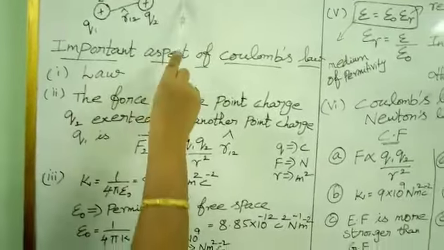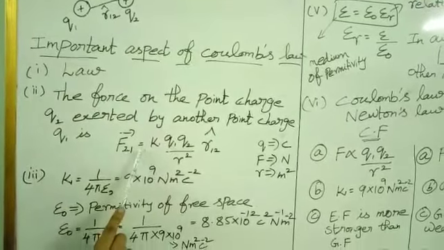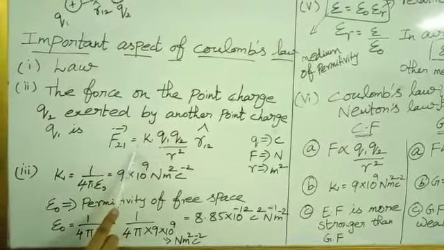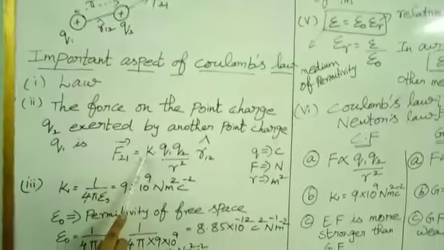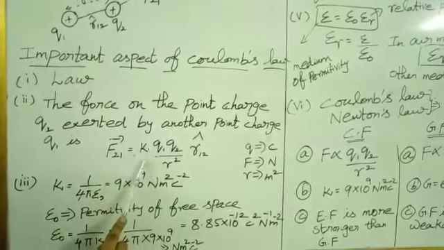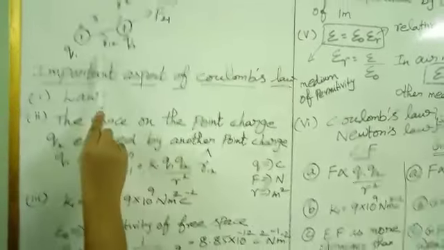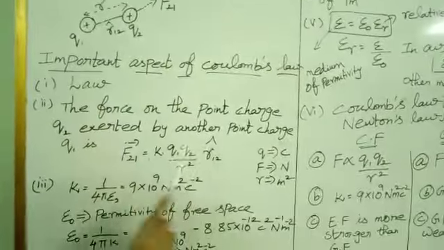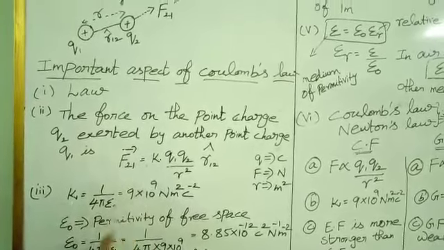So F21 vector equal to, why do you put the equal sign? Because for the proportionality you add one constant, that is equal to K Q1 Q2 by R squared times R12 cap. Here K is the constant value.